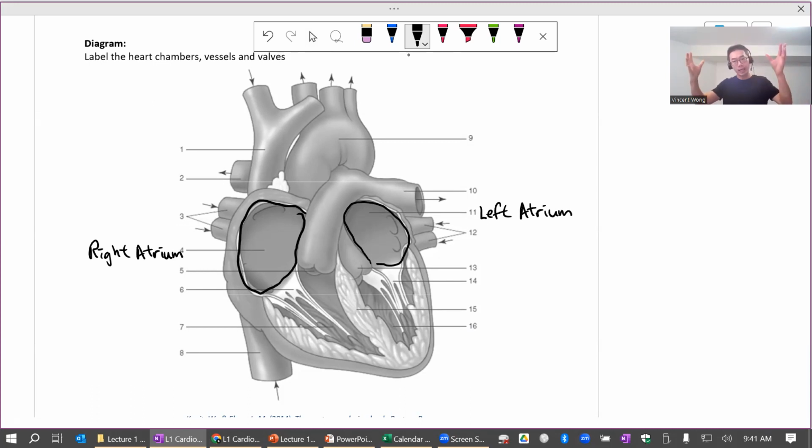So the atria contract together, they squeeze together, and the blood is going to go down. What do we call the things that are below the atria? Ventricles. That's right, the ventricles.